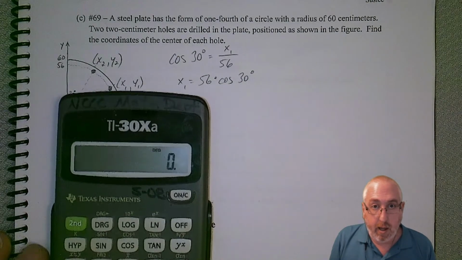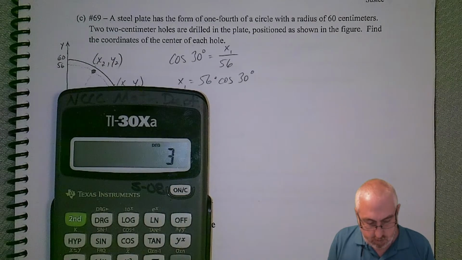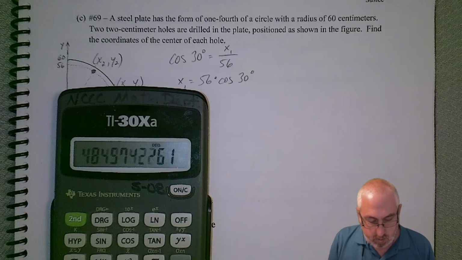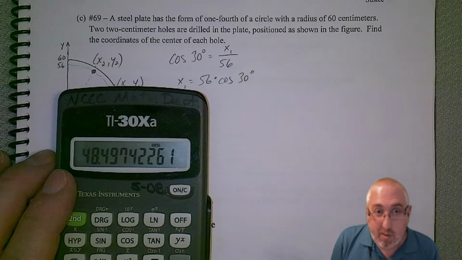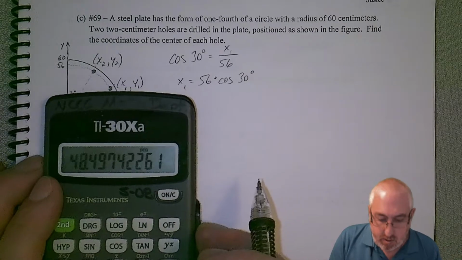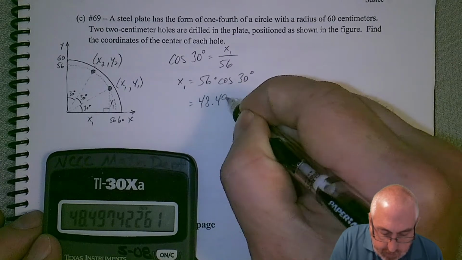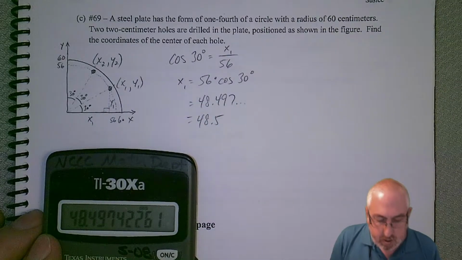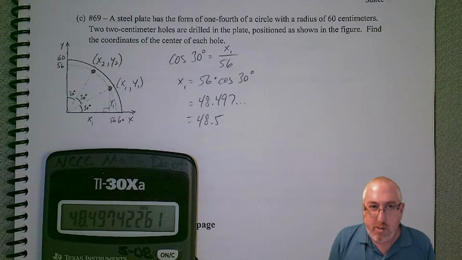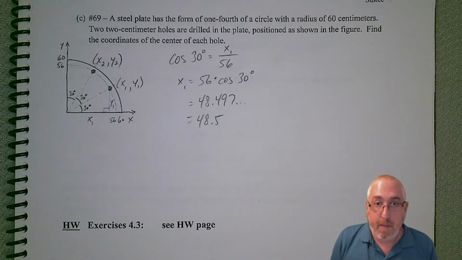So let's see what we get. 48.497 dot dot dot, 48.5. So we're not going to worry about units or anything at this point. So we're just going to start with that.